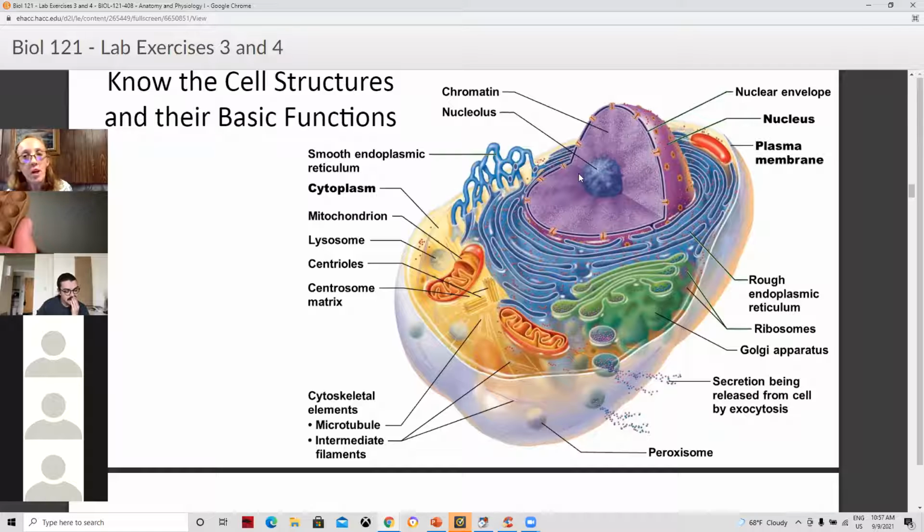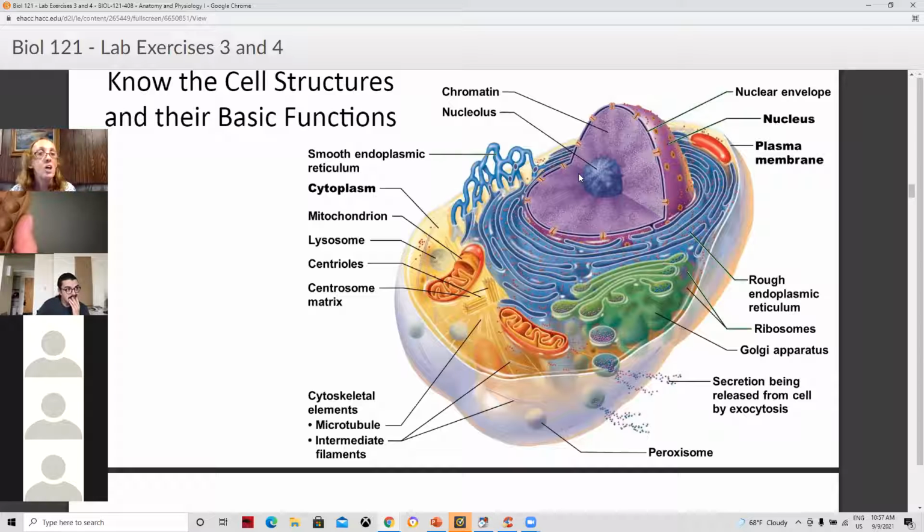So the next organelle: we have the nucleus, which contains chromatin, the DNA genes that dictate the structures of our body and our cells. The nucleolus is going to create ribosomes, which are going to allow for proteins to be created from the genes.